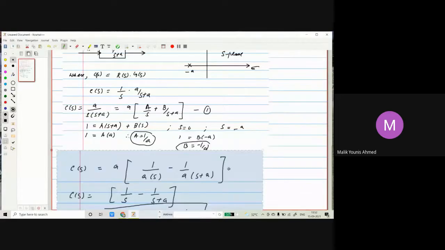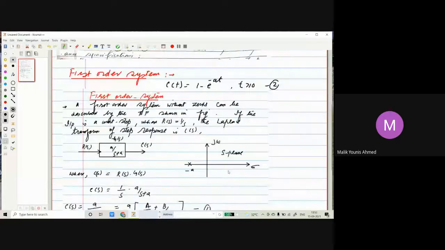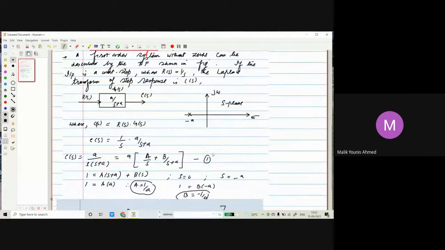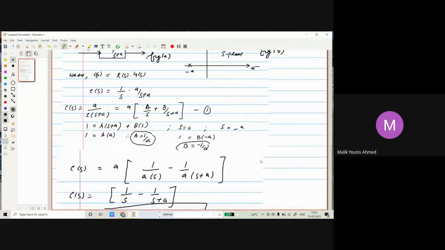Okay, up to here we had done. You can see the result. First order system, we have drawn this graph. Let us say this is figure A. This is figure B. So we have derived this up to here.